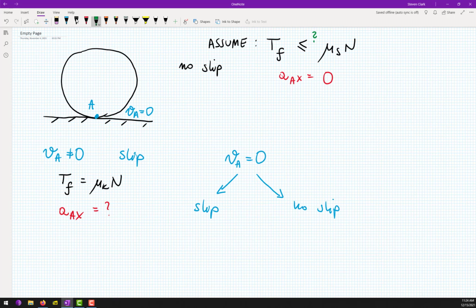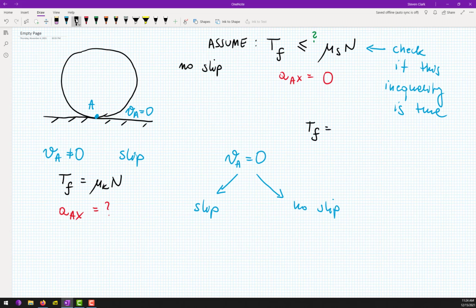So now, if we solve that problem, your goal, guys, is to check if this inequality is true. Basically you guys have to find TF.